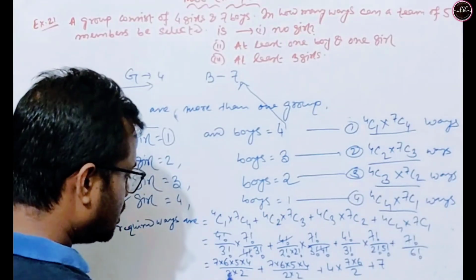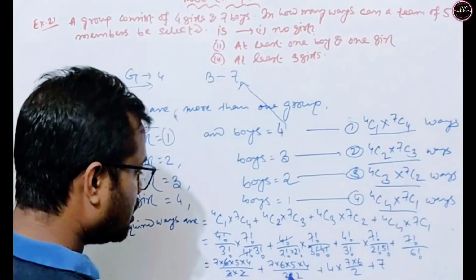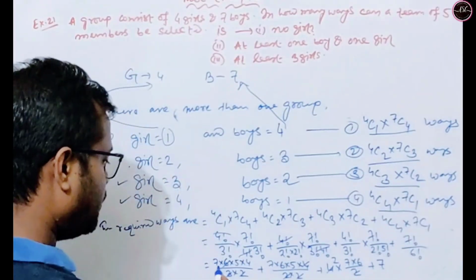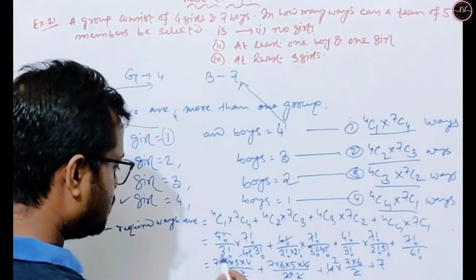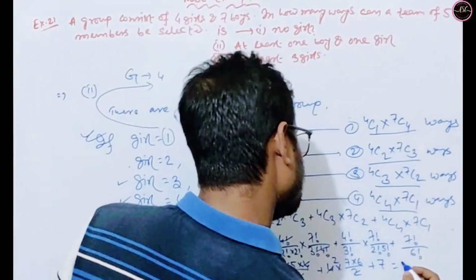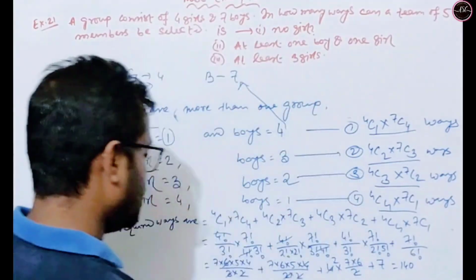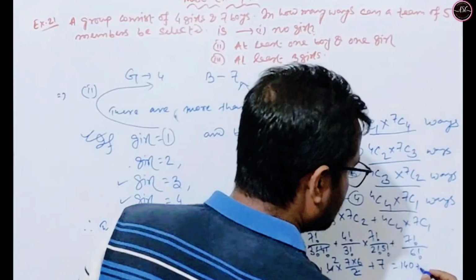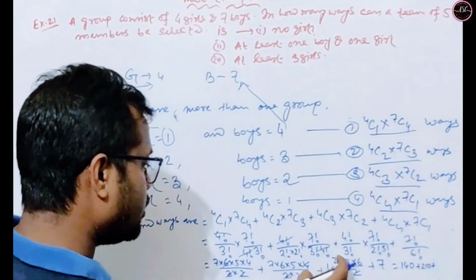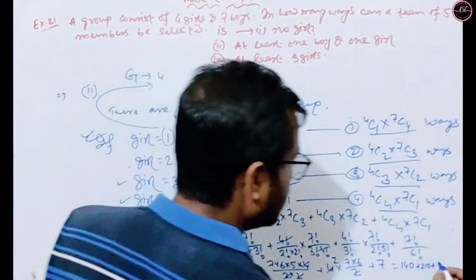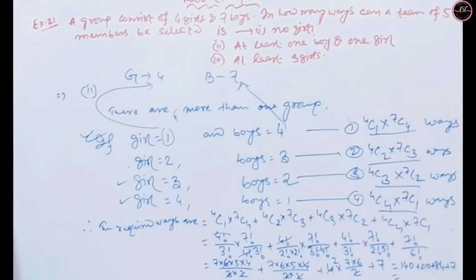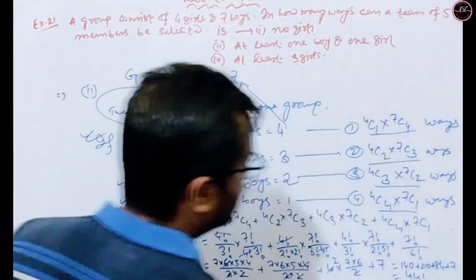So just cancel this and this. We have 140 for this, and here we have 210 plus here we have 84 plus we have 7. So just summing this we get 441.